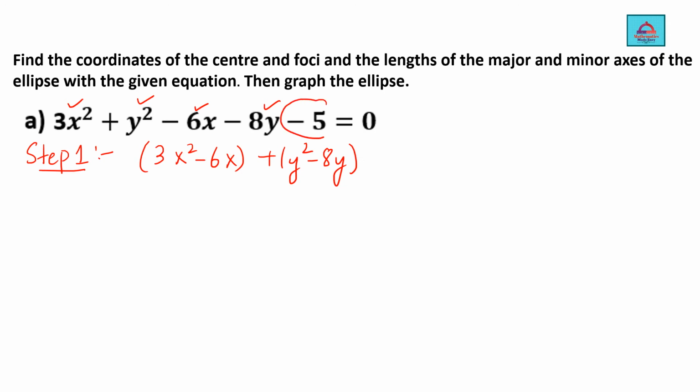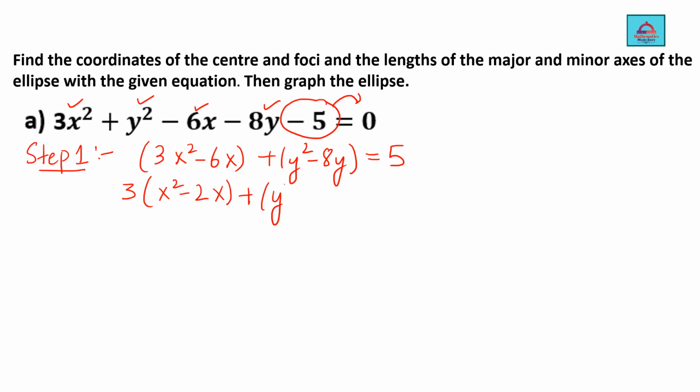The number which is extra, negative 5, we take it on the other side, it becomes positive 5. Now what is common in here? 3. So we take it out. We are left with x square minus 2x. And this is already not having any term common, so we can proceed for the square. The value of b here is negative 8 divided by 2 is 4 and its square is 16.